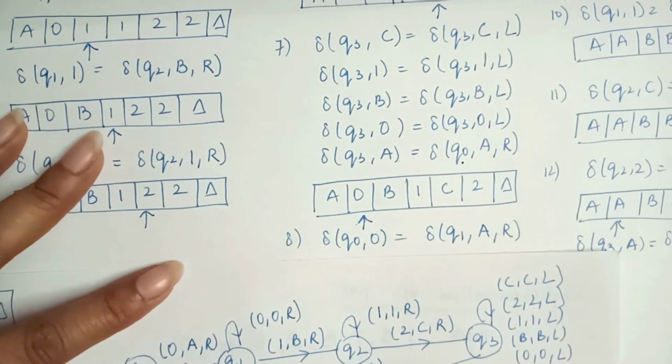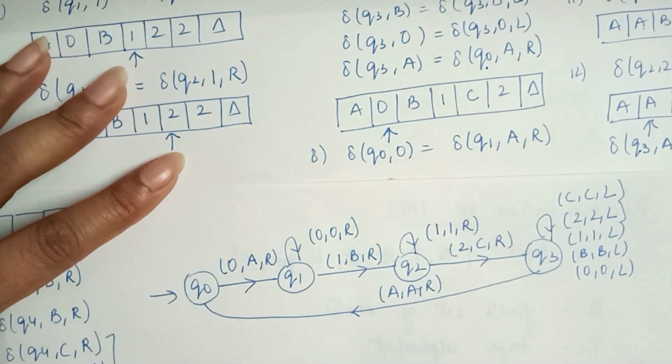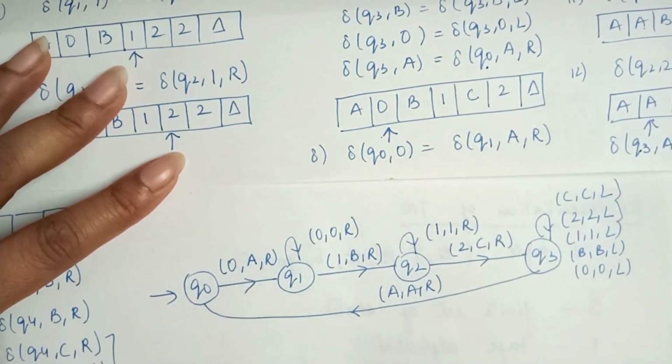The next movement is, if I am on Q0 state and reading 0, I am going to Q1 with A, R. So 0, A, R will remain, it already exists.